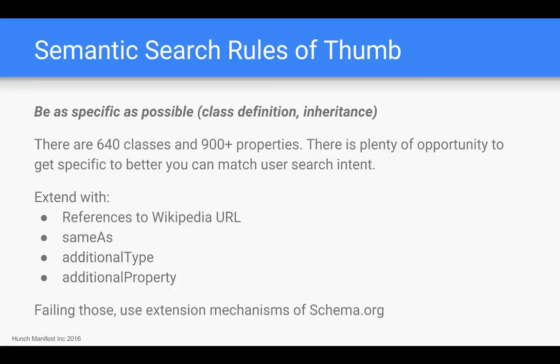The additional type property is one that you can use if you don't have the specific type of product or business: you can use additional type to make mention of the Wikipedia or product ontology URL to give it some further declaration. For instance, an osteopath could use the osteopathic definition in the Wikipedia URL as the additional type, or product ontology, and you can find some of the documentation there from productontology.org.